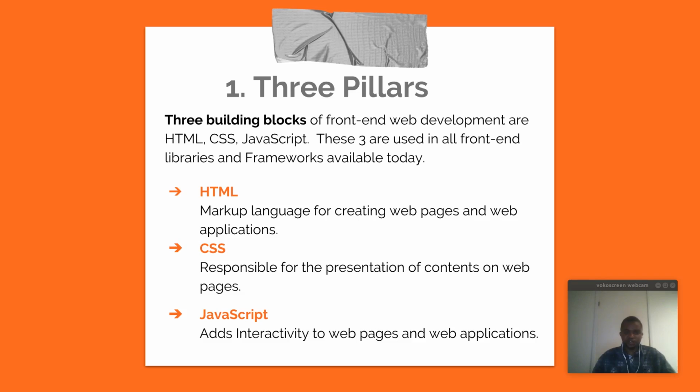HTML is referred to as the markup language for creating web pages and web applications, while CSS is known to be responsible for the presentation of the contents on web pages.